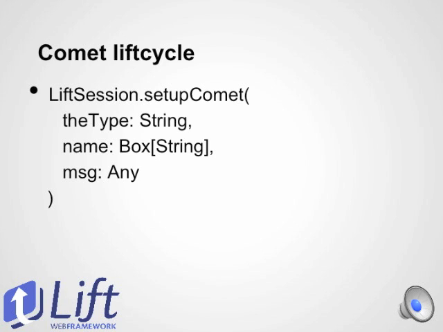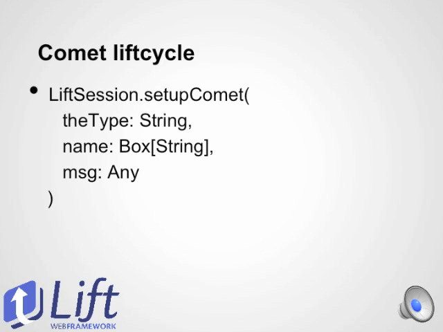Then Lift gives you a few ways to set up a comet. Most of the time you won't initiate comets from code. You would just include your HTML tags in a template, and as soon as the page is rendered in the browser, Lift will handle that. There are a few cases where you might want to manipulate this information. So this is one way: this method that you can call from a session, setupComet.